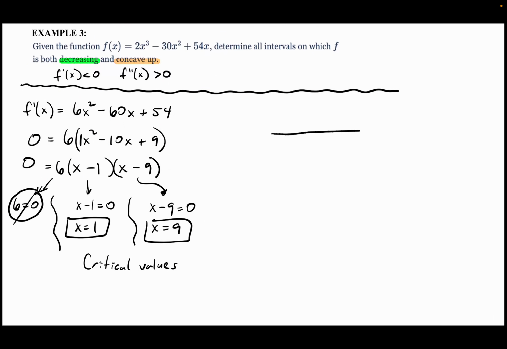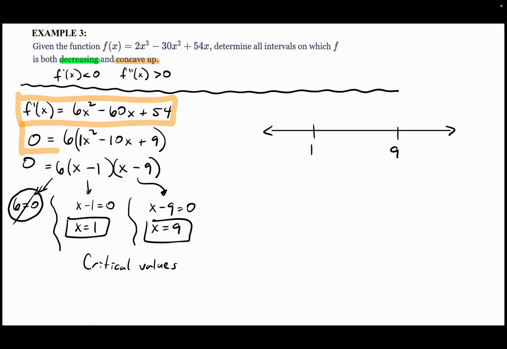Okay, next number line. Positive 1, positive 9. Does it matter which one we do of those two? Nope, you can use this one, you can use this one, you can use this one, because all of those are different variations of the first derivative.